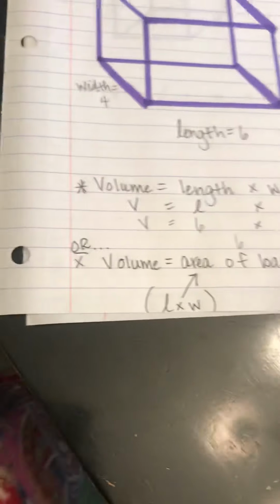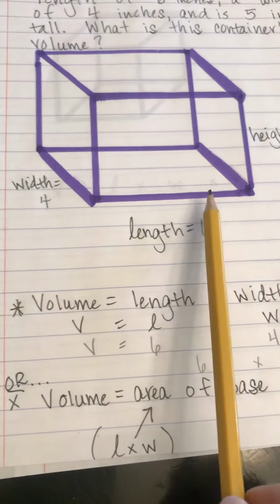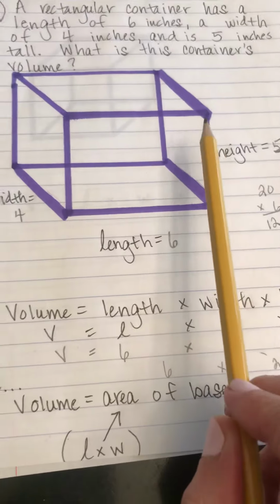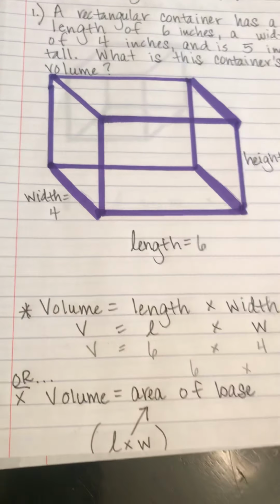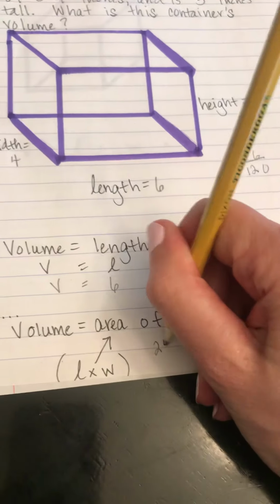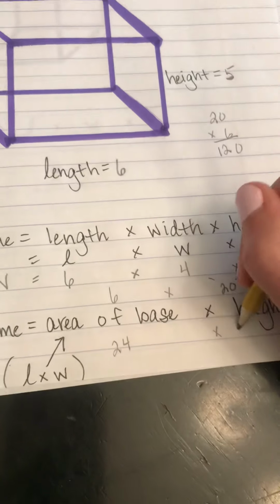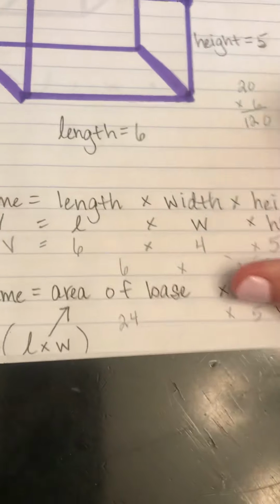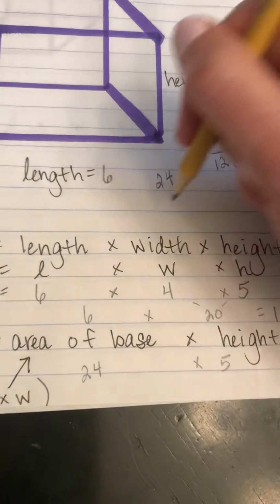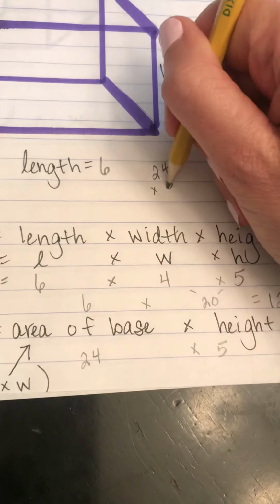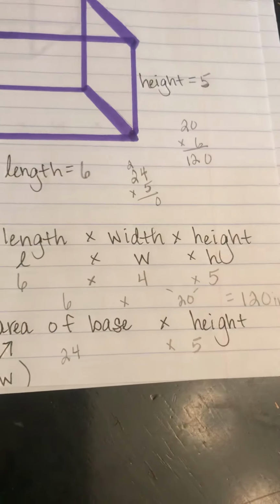Now another way you can look at this is to take the area of my base and then multiply it by how tall it is. Length times width is 24, because it's 6 times 4. Then multiply it by your height, which is 5. 5 times 4 is 20, carry the 2, write down the 0.